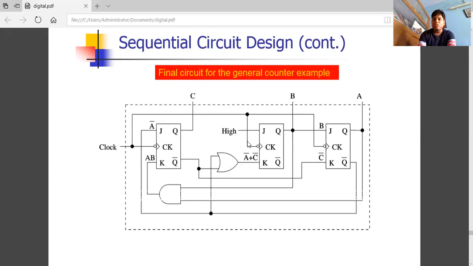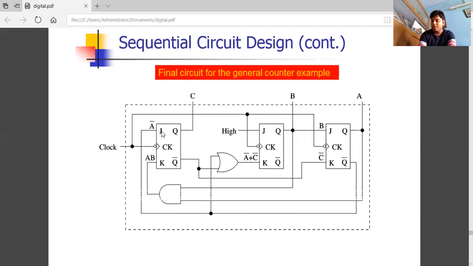Again, JB equals 1, which means we connect it to the highest state, 1. KB equals A dash plus C dash. If Q is A, then Q dash is A dash. So we connect A dash into an OR operation, and C dash, which is Q dash, is connected there as well. The output of this gate is connected to KB.